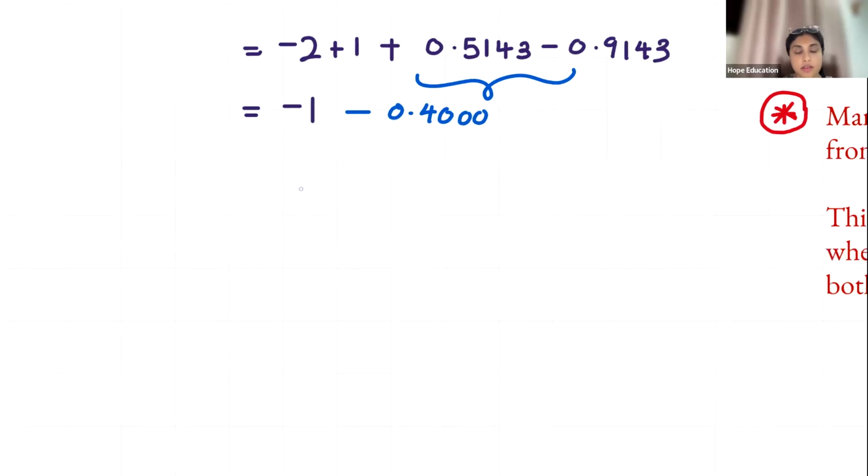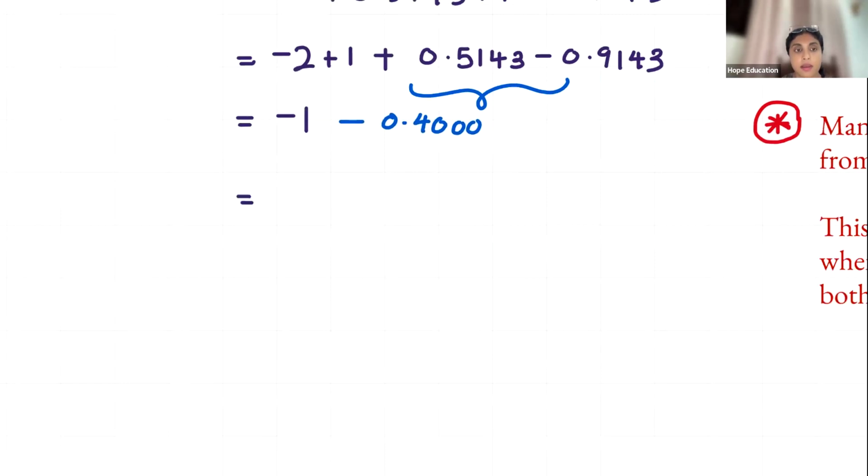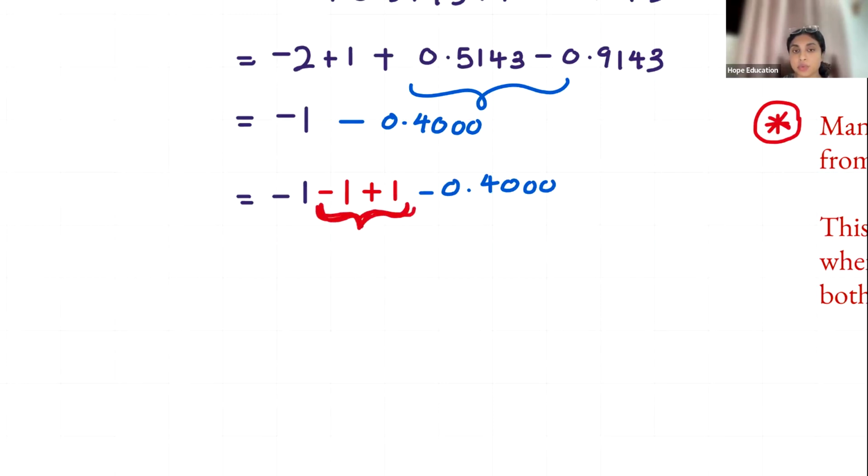Here there is -1. So -1. I put here -1 + 1. What is the answer of -1 + 1? When you simplify -1 and +1, what is the value? Just these two.